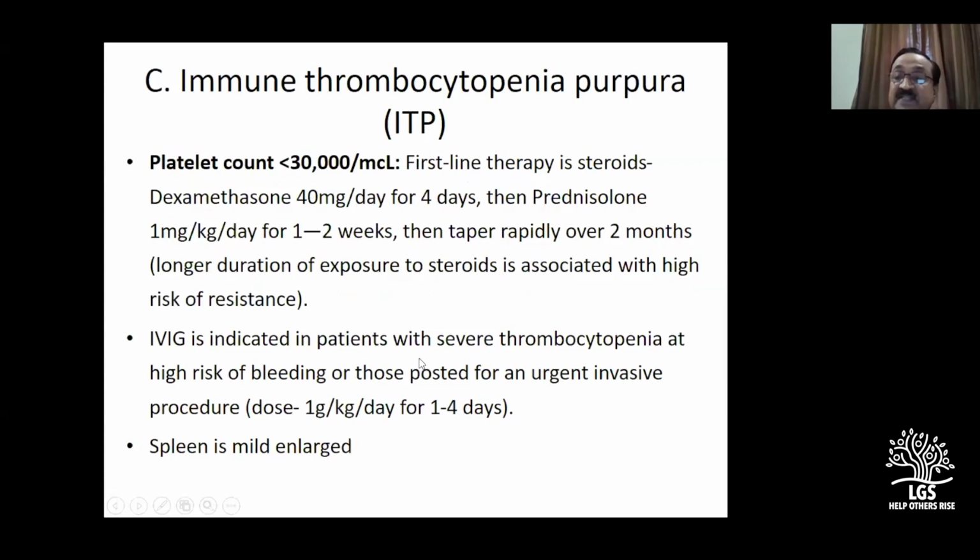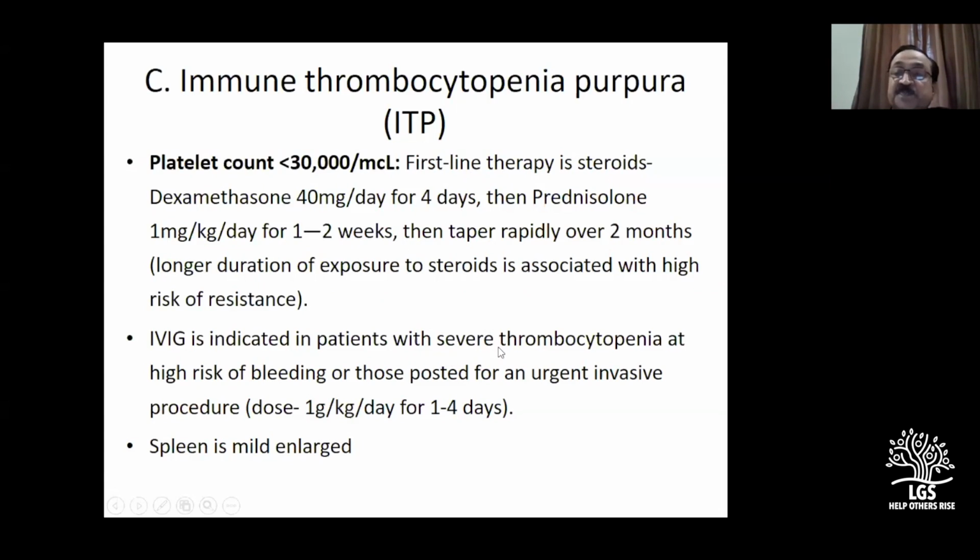Again, another condition where the surgeon is encountering is ITP. All of you know. Here also again the treatment part, I think you read in medicine books. Again here steroids are the first line of treatment, and the spleen is mildly enlarged. If at all they ask you, how much? Just 2 fingers below the costal margin, etc. That is the usual in ITP cases.